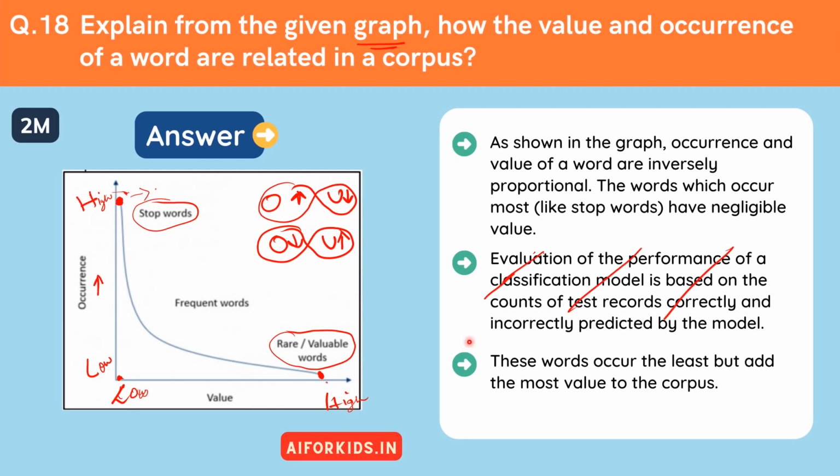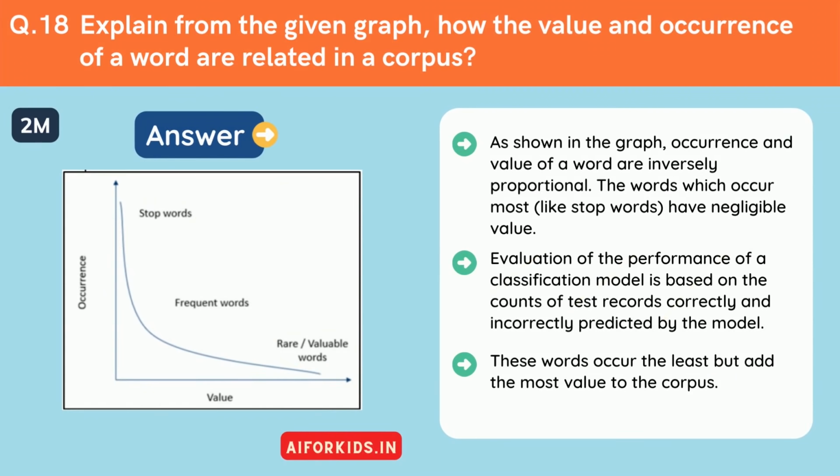The second point is, these words occur the least but add the most value to the corpus. Means the rarest words which have low occurrence have the highest value to the corpus.